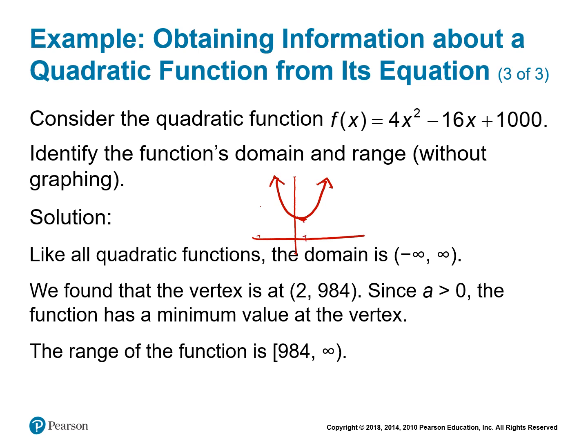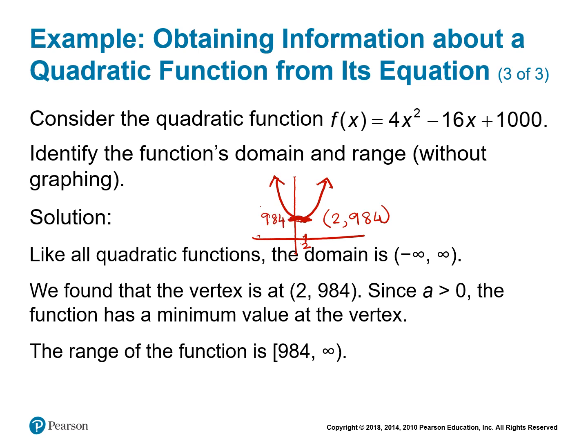So we saw from the previous exercise, when we were asked to find where the minimum and the maximum are located, that the vertex of the graph is located at 2, 984. That means the x coordinate is 2, and let's say this point on the y-axis is 984.